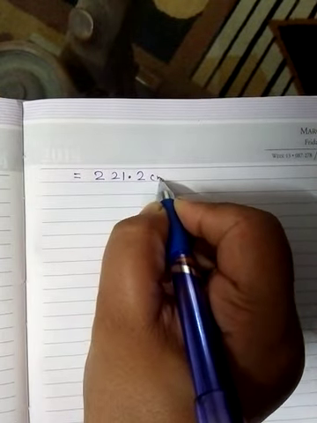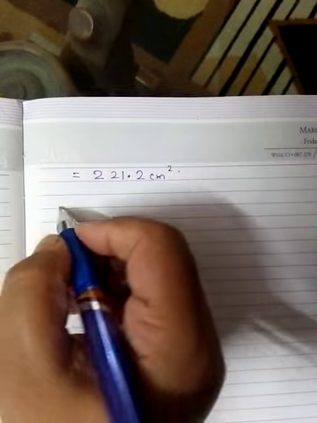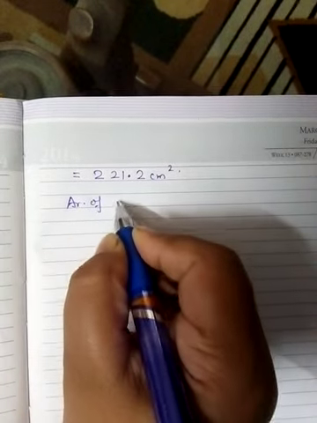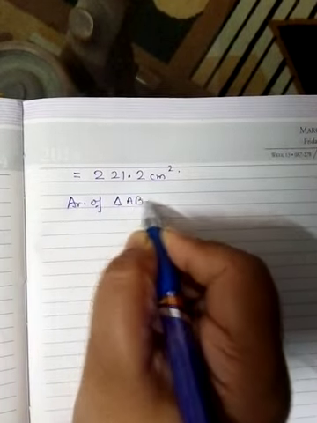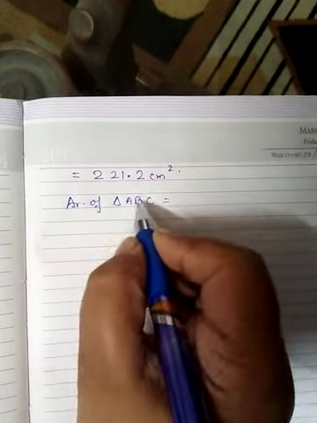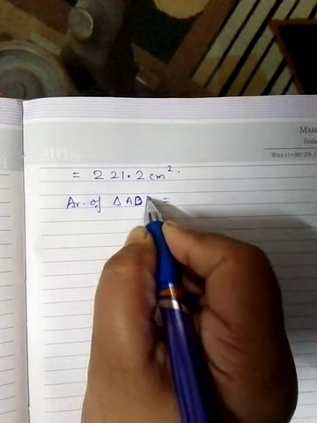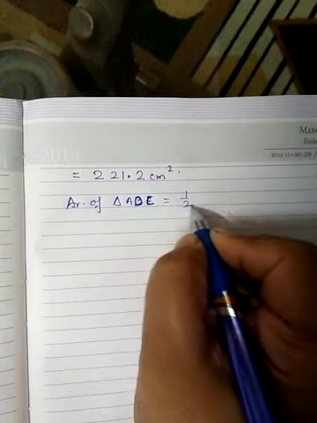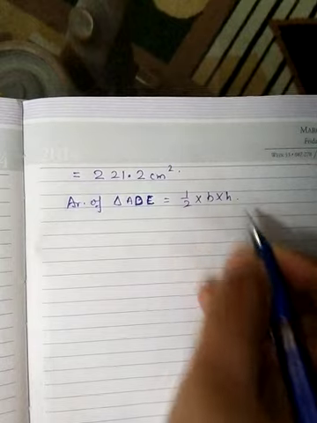221.2 centimeters square. Now, since we have the area of triangle ABC, we have one more method to find the area of triangle ADE, that is half into base into height.